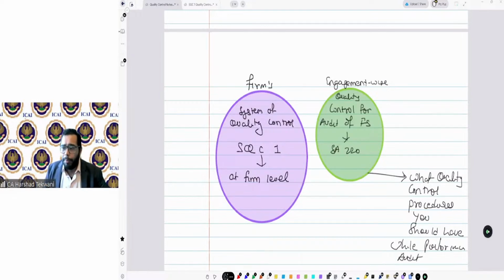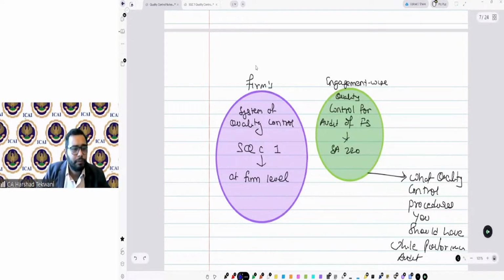SA 220 provides guidance that is on the line of SQC 1, similar in nature in wording, but with a smaller scope.